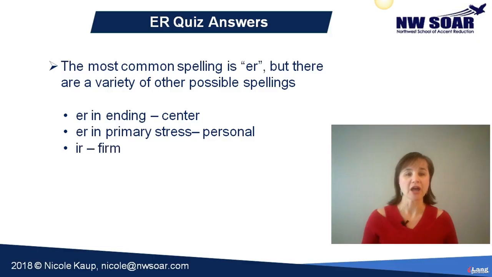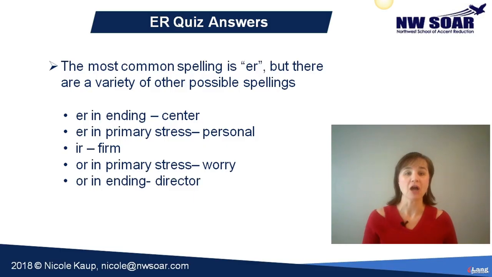You can find an IR spelling, as in firm. An OR spelling can be found in primary stress syllables, like the word worry. OR can also be found in endings, as in director. You may occasionally see EAR, like in earth, or UR, like in hurt.